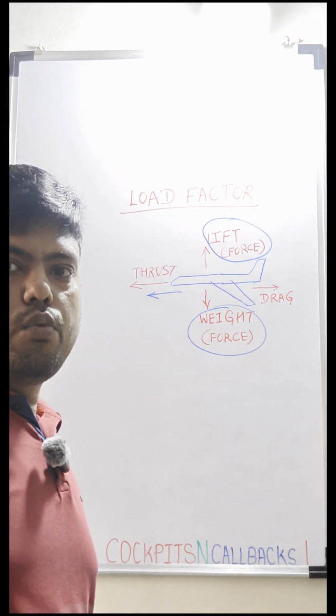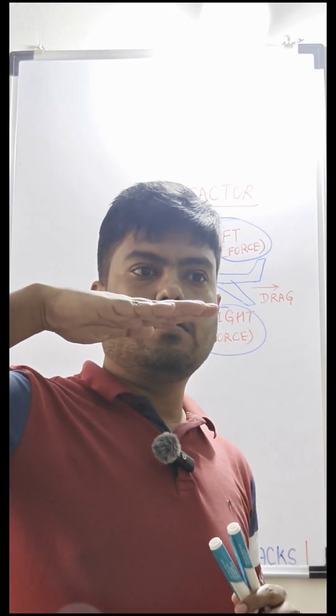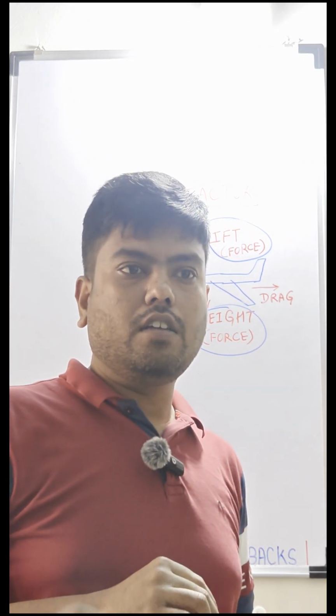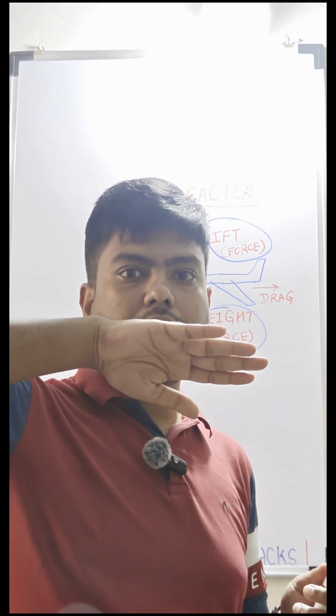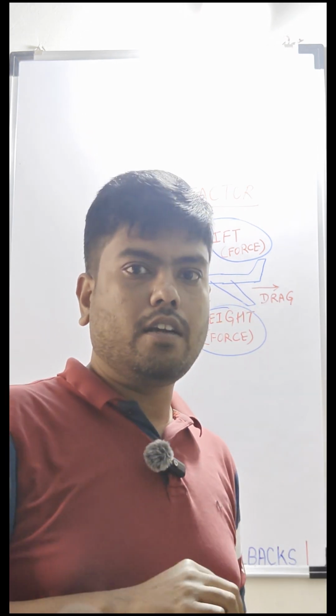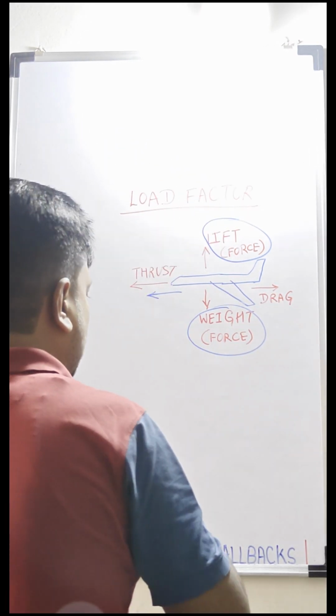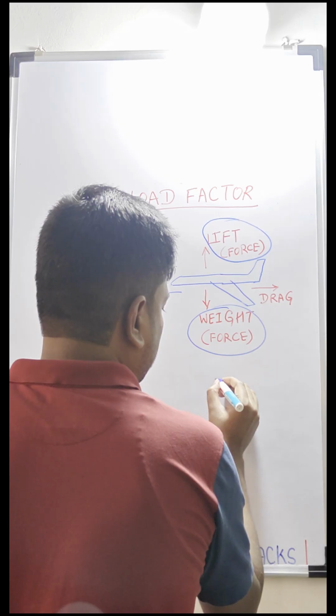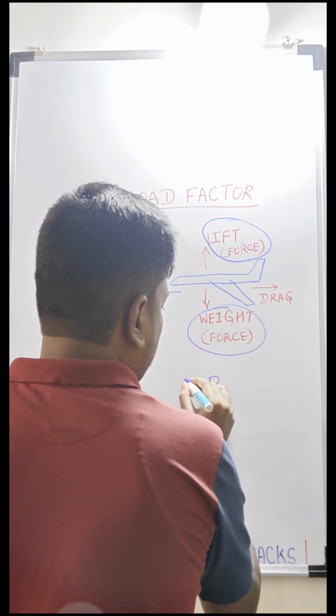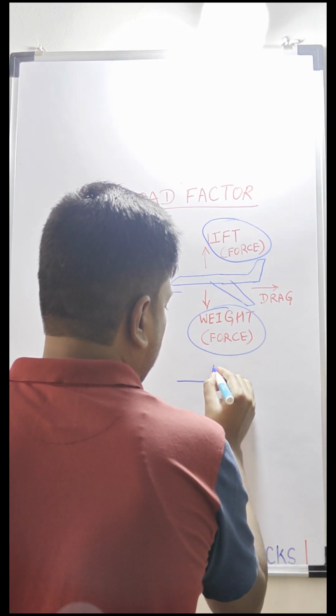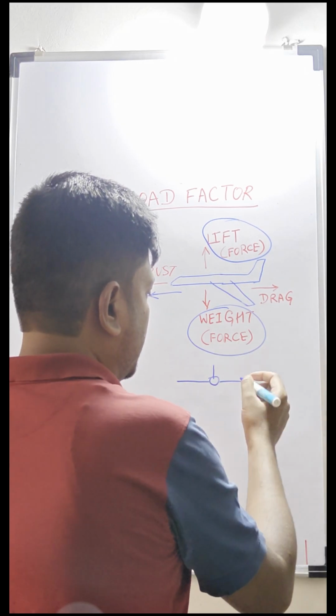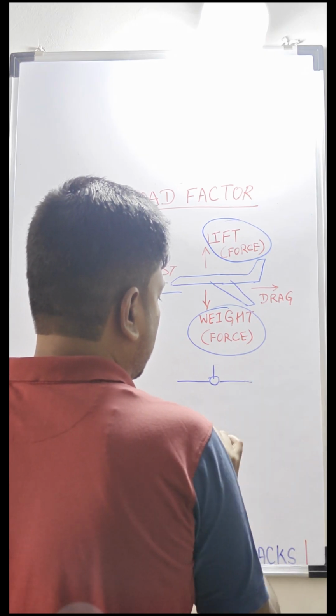Now when an aircraft is flying straight and level, so it is not banking and not making any turns, it is just going straight, what happens to the load factor? Here, this aircraft is going straight and not banking.